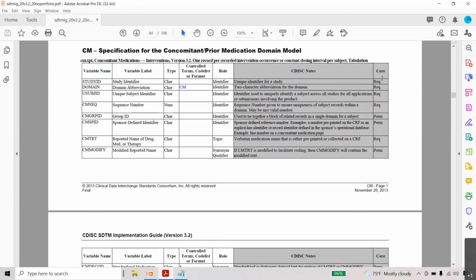Usually we don't mention the core in the specification; it is self-understood, and we can write any additional comments. We can also see the origin of the variable, with multiple classifications like derived, predecessor, and assigned. These are the origins of the variable, showing how that particular variable has been derived.